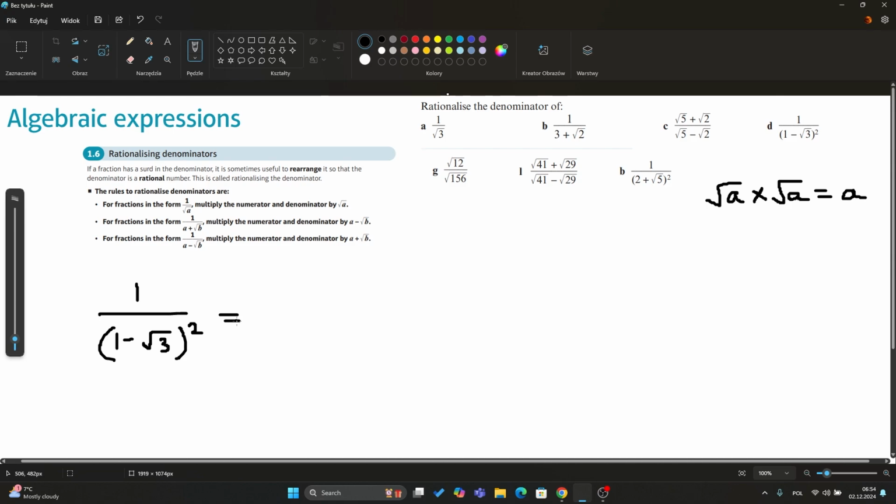So now for those kinds of ones, we are going to expand the bottom brackets first.